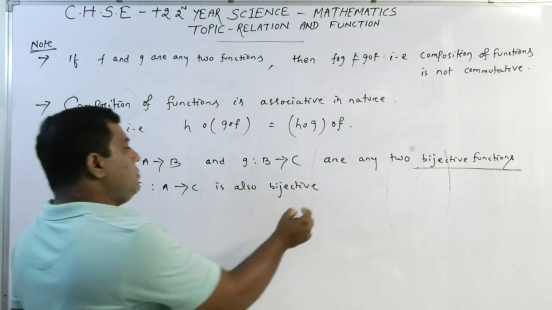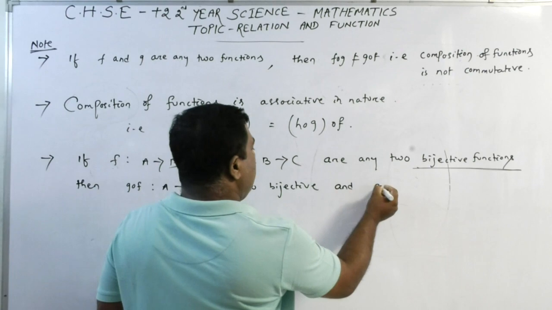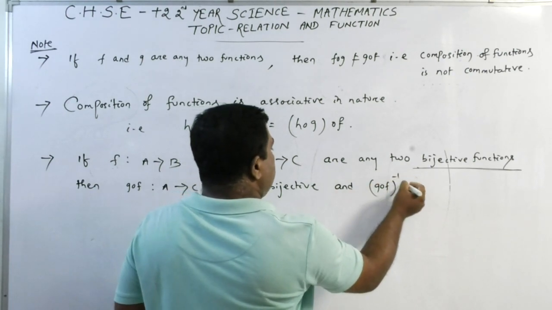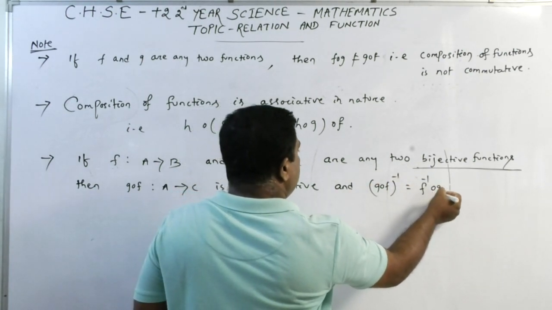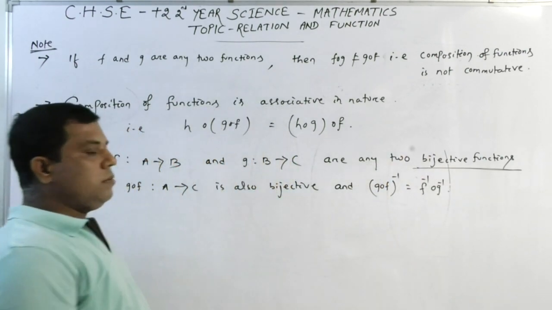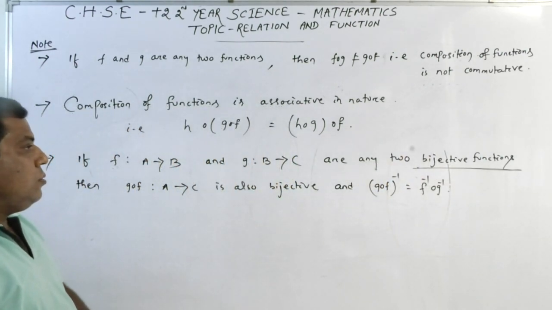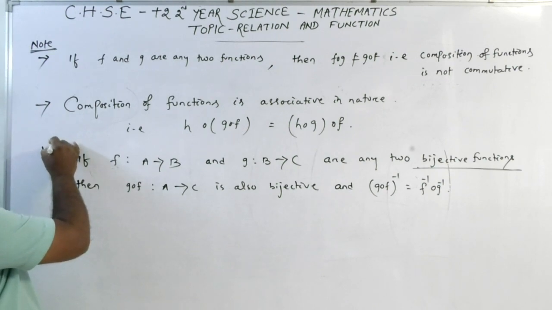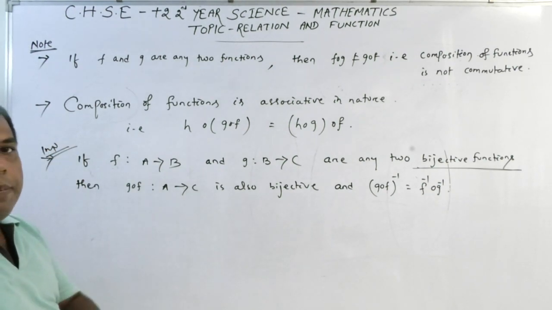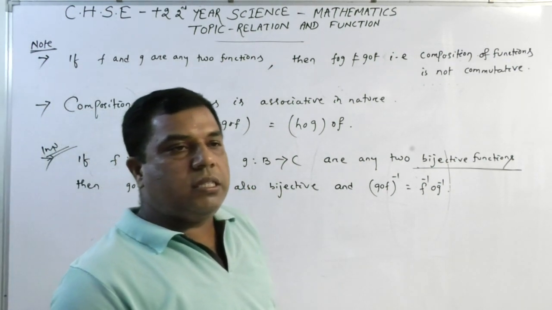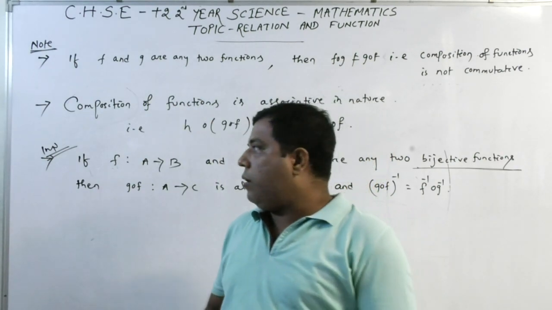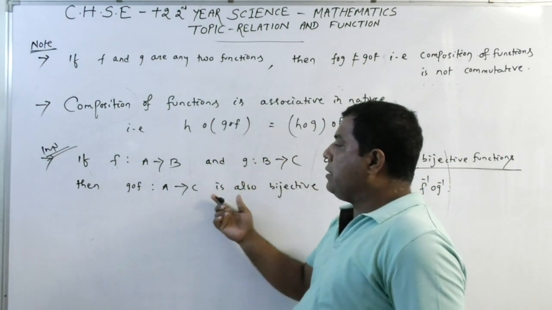and (gof) inverse equals f inverse operated on g inverse. So this is very important. From your exam point of view, this result appears in many of the exams.